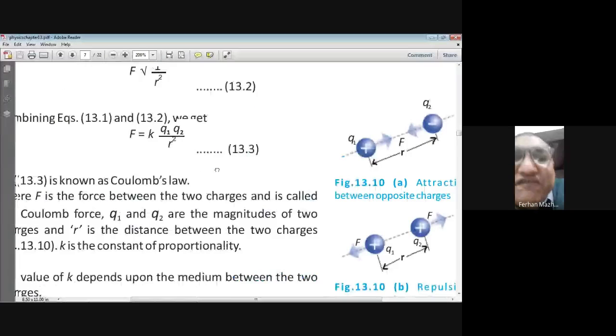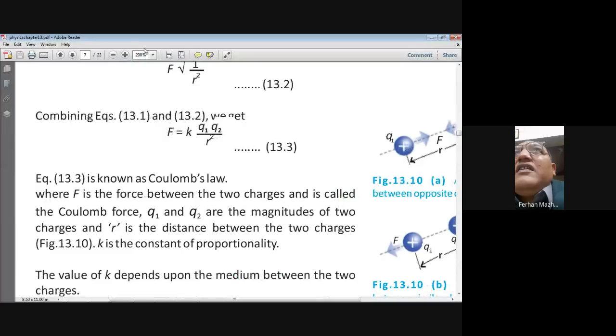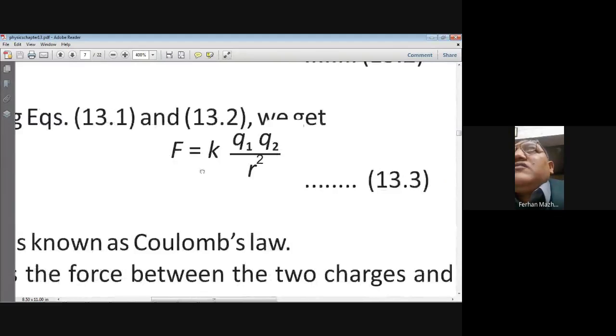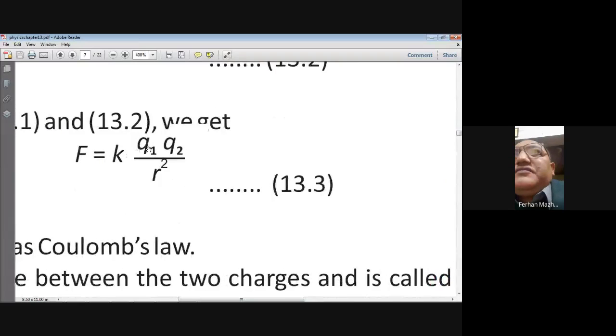You see this F, this force of attraction or repulsion, is directly proportional to the product of Q1 and Q2. Product means multiply. And it is inversely proportional to the square of the distance between their centers. That's why you see the R is downstairs.